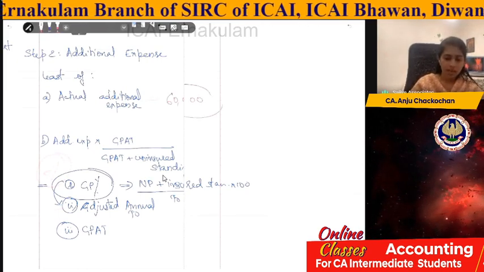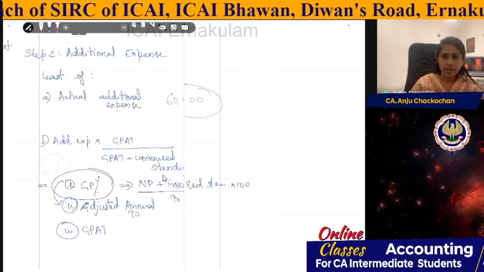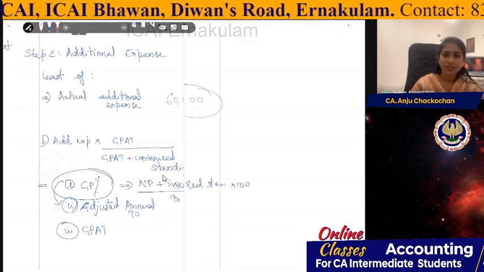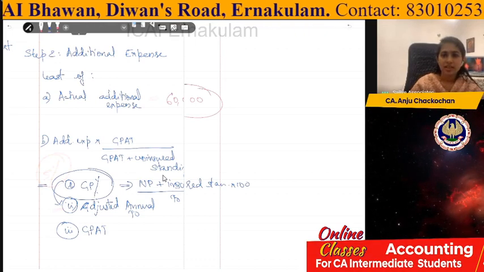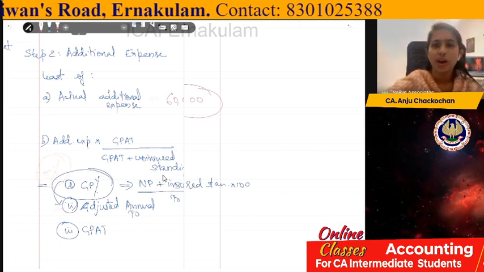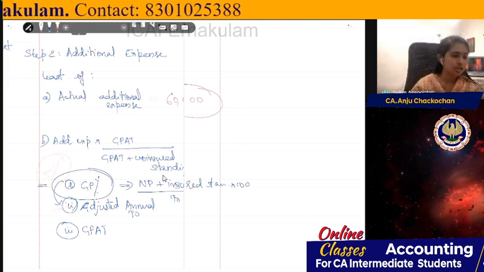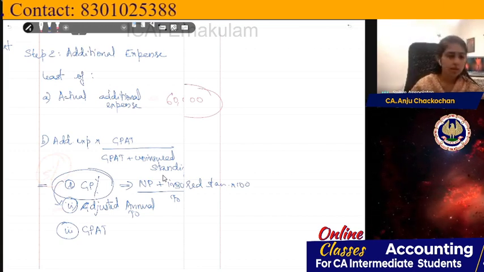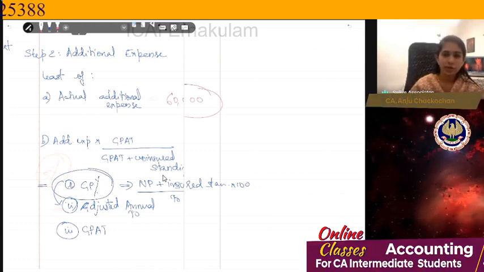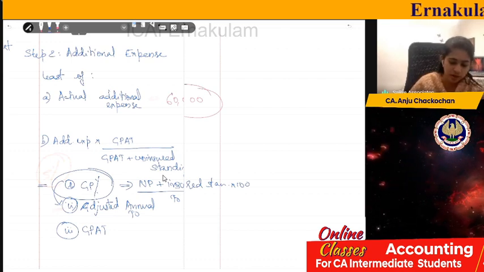Okay, so the actual 60,000, and yes, use your calculator. 11.5 lakhs is the adjusted annual turnover. Harshita, okay. Yes, good. 11 lakh 50,000 is the adjusted annual turnover.